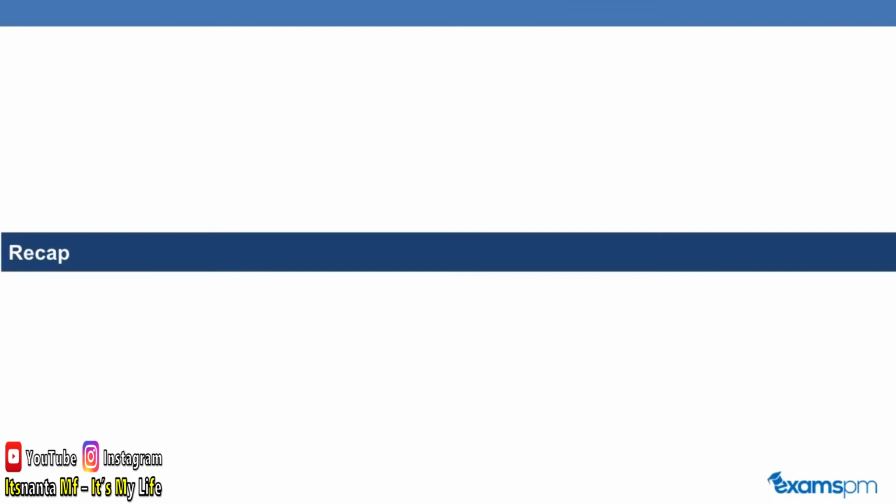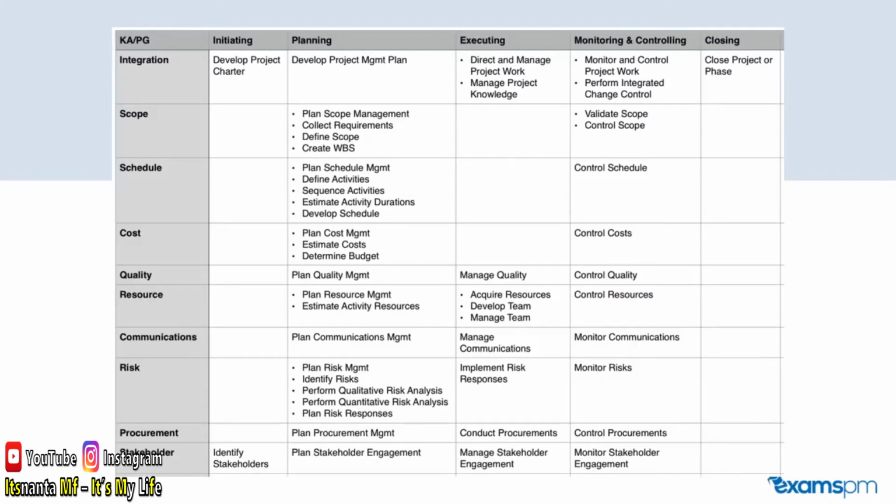Now that we looked at how to memorize both the process group and the knowledge area and the 49 processes within the chart, let's do a quick recap to cover what we have learned. First we looked at how to memorize the process groups, using the phrase "in physical education, Mary cries constantly." Then we looked at how to memorize all of the knowledge areas, using the phrase "I saw 6 cars quickly rip Carol's rear passenger side."